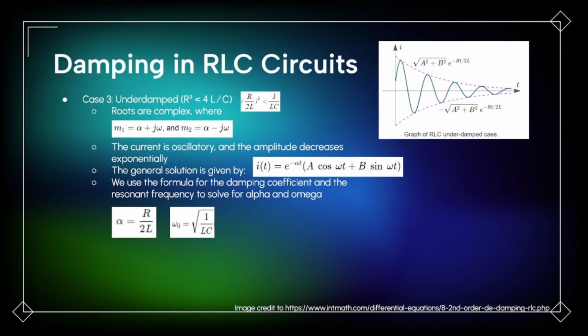The general solution to an underdamped system is given by i(t) is equal to e to the power of negative alpha times t, multiplied by A cosine omega t plus B sine omega t. We know how to calculate alpha and omega from the previous slide, and that's how you get the general solution to an underdamped system.